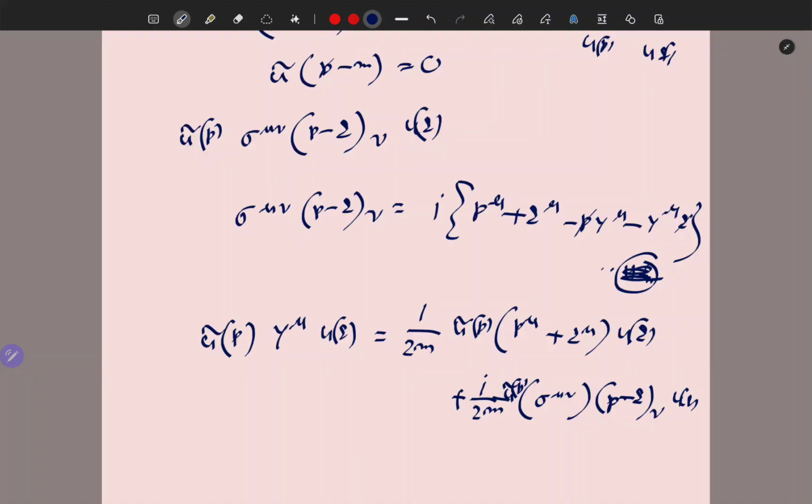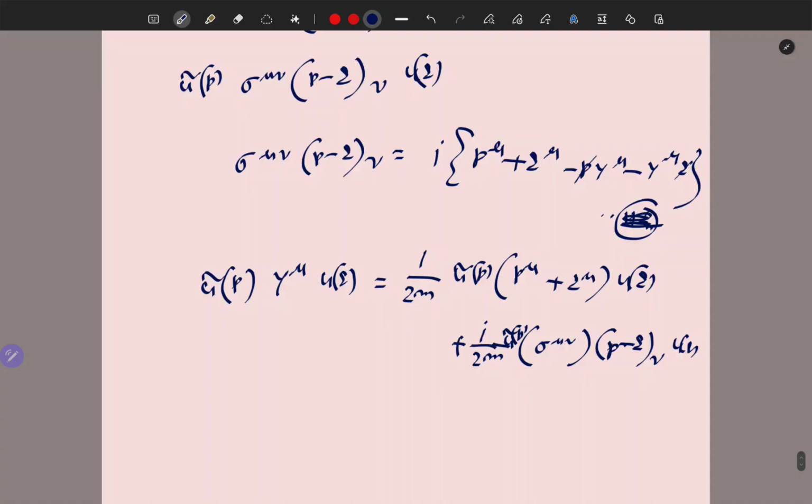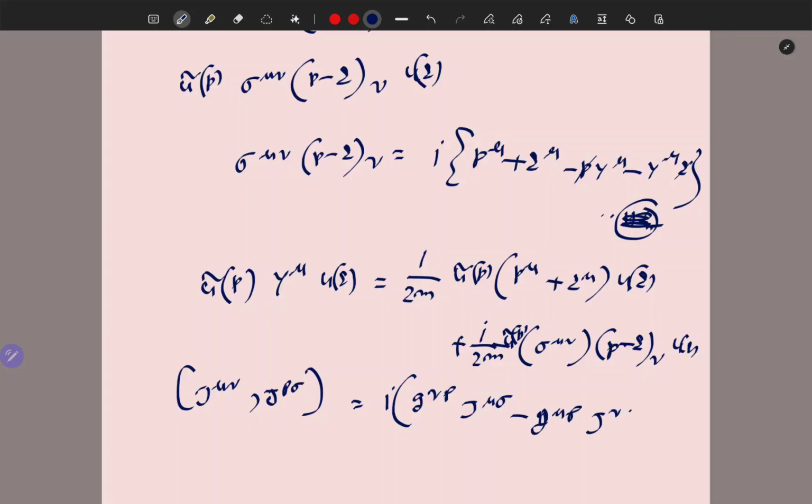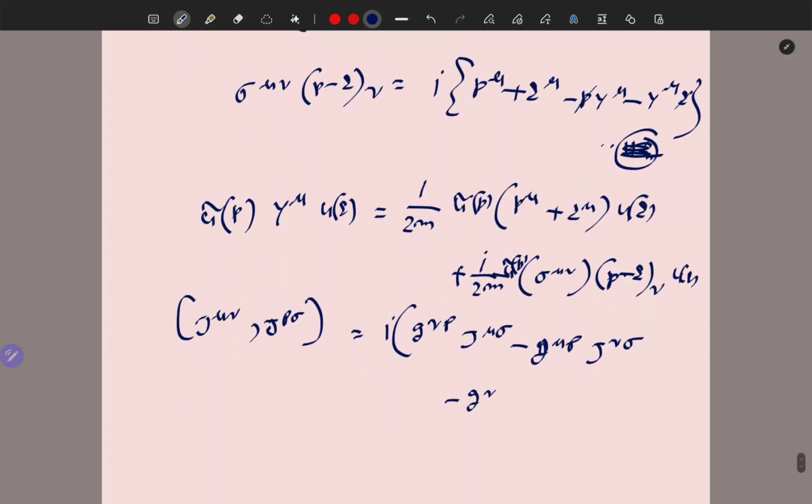Now from equation number 8 it can be seen that J mu nu and J rho sigma equal i g nu rho J mu sigma minus g mu rho J nu sigma minus g nu sigma J mu rho plus g mu sigma J nu rho, giving the Lie algebra of SO(3,1).